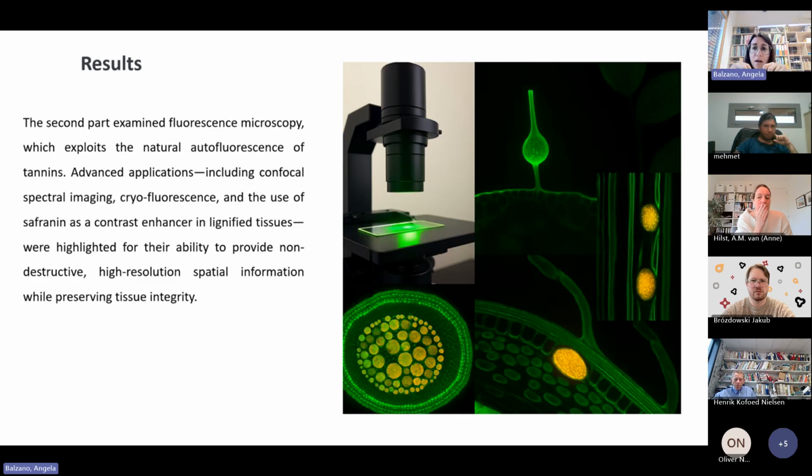This advanced application combines also confocal spectral imaging, cryofluorescence, and mostly those techniques are applied to lignified tissue or plant tissue with high spatial resolution.